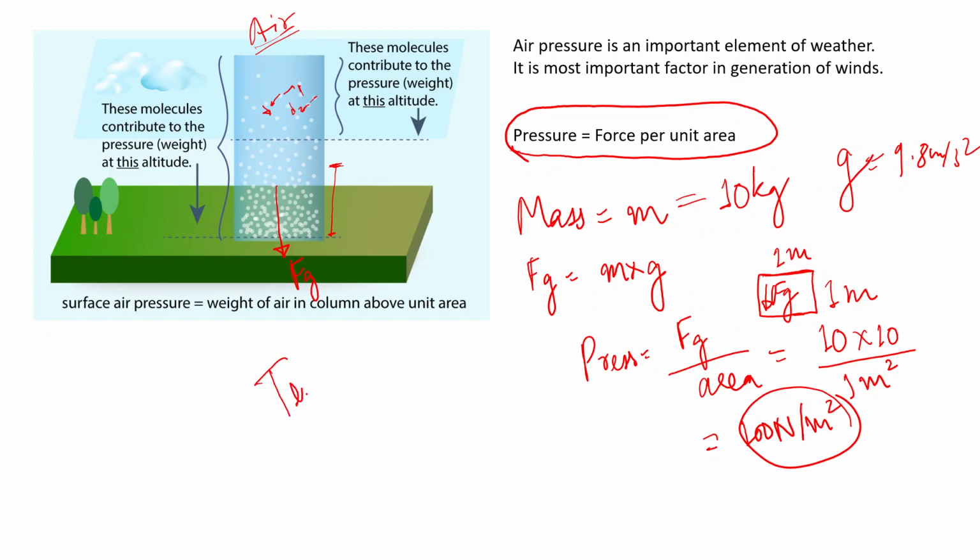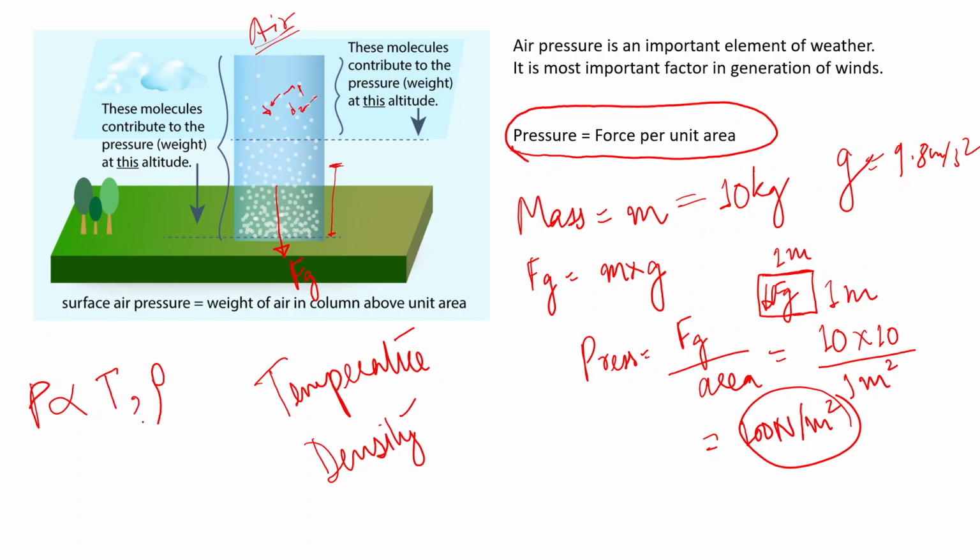They are temperature and density. So we can understand that the air pressure is directly proportional to temperature and density. So if we go by the gas law, then pressure is equal to constant multiplied by temperature multiplied by density.